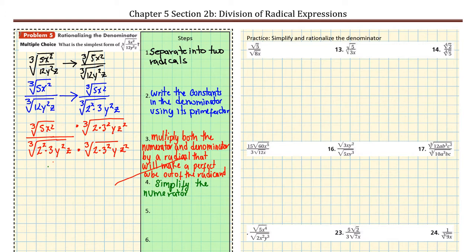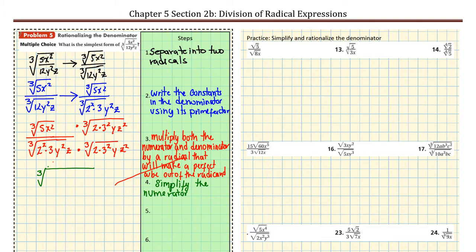But now we're going to begin multiplying things together. Now, on the top we have 5 times 2, which is 10, times 3 squared, which is 9. So we have 10 times 9, which is 90.